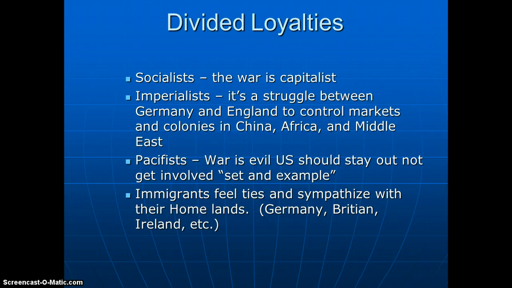And so you have many of them who are feeling sympathetic and feeling that we should step in to help, okay? But many of the people in America felt loyal to Britain, and that's where a lot of our alliances will stand.